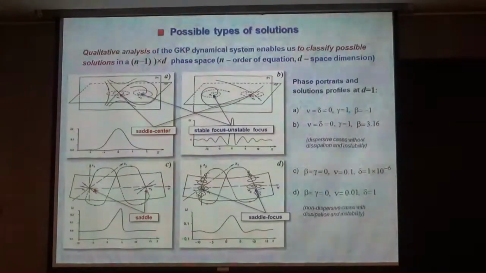In the second case, there are single points of the types saddle and saddle-focus. That corresponds to solutions of the types of shock waves and a wave packet which disperses with time.